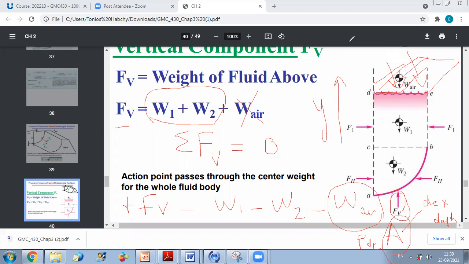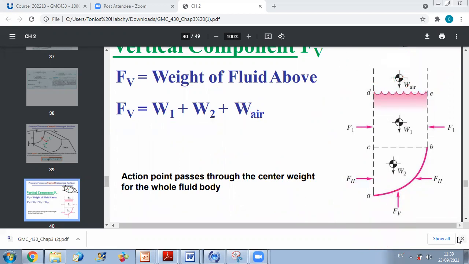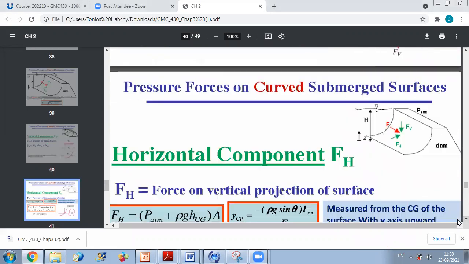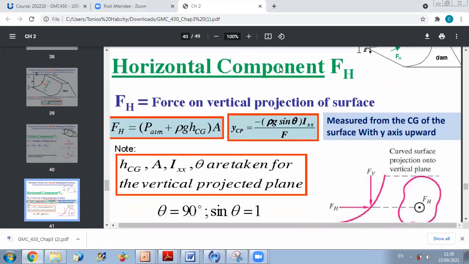Okay. Now to summarize, in the following slides we'll summarize our findings. First, the horizontal component is defined as the force on the vertical projection of the surface, and we can use all previously developed formulas. If you remember, we proved that F horizontal is P0, and in the majority of cases P0 is the atmospheric pressure, but to be general, you can say it's P0 plus rho g times h of the centroid, times the area.